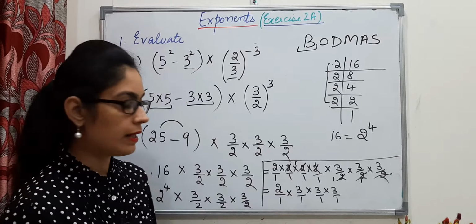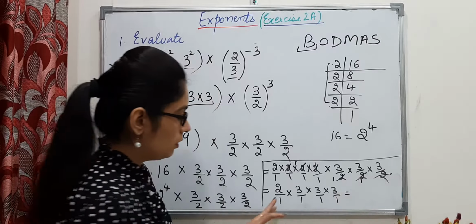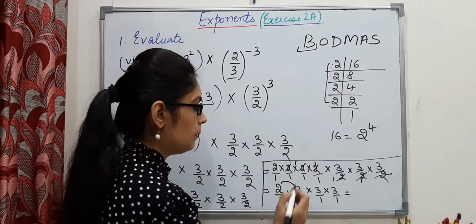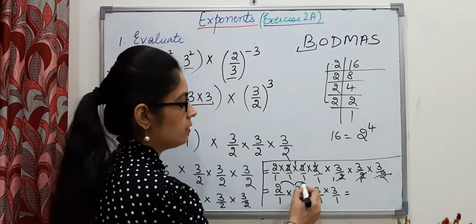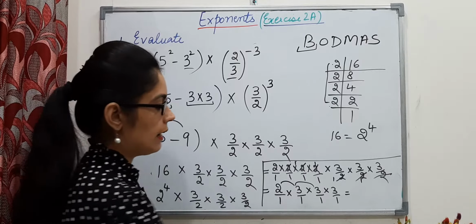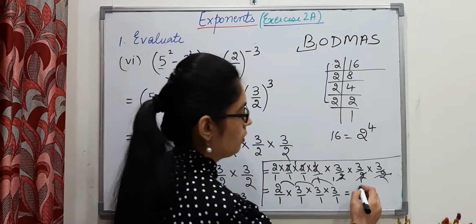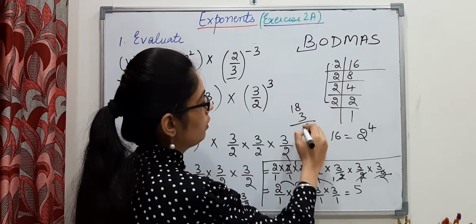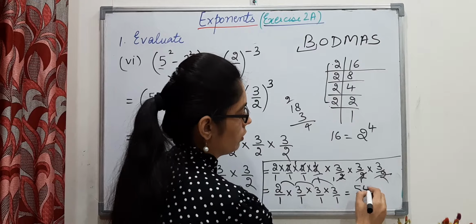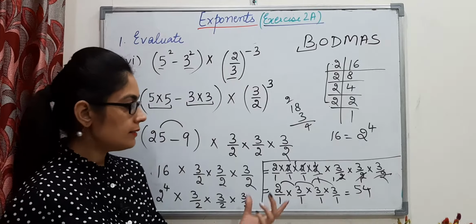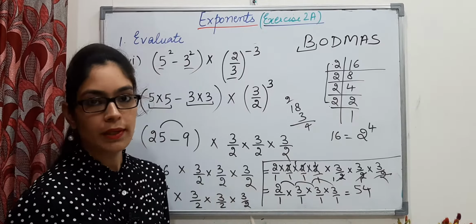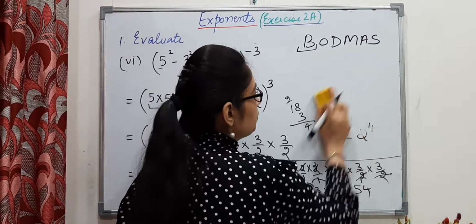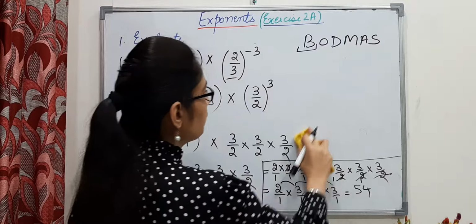So this is what we are left with, and now we just have to do multiplication. 2 into 3 is 6, 6 into 3 is 18, and 18 into 3 is 54. We have done it this way, and there is another way we can do it. I will just explain it. We will get the same answer by either way.